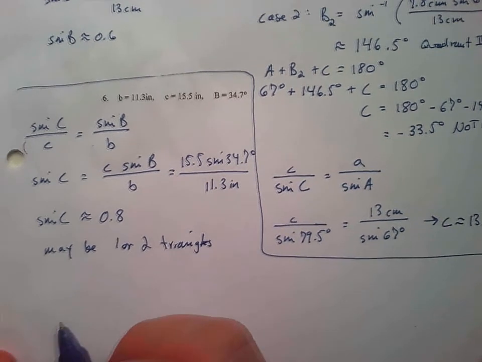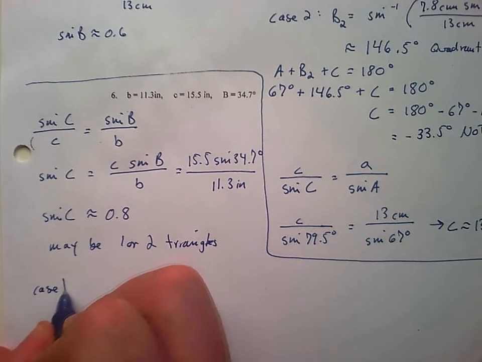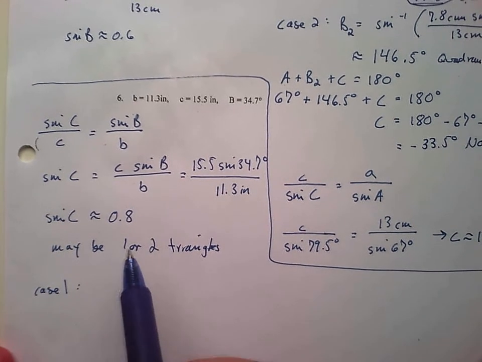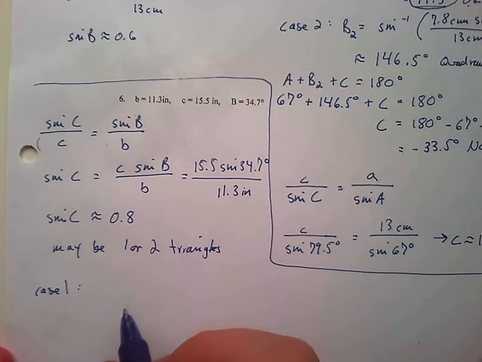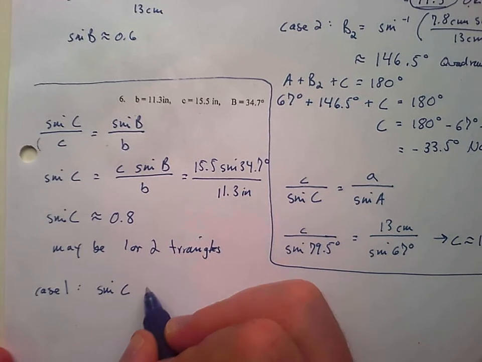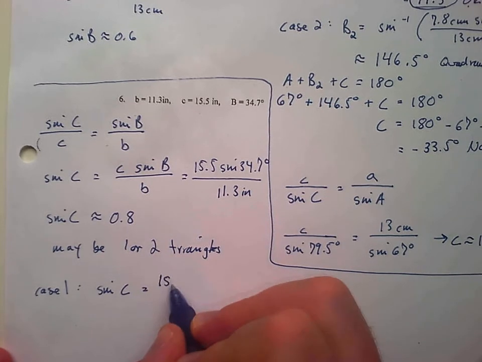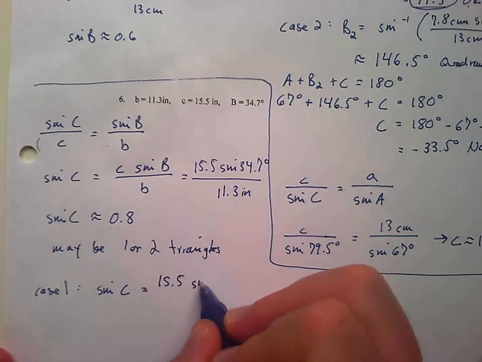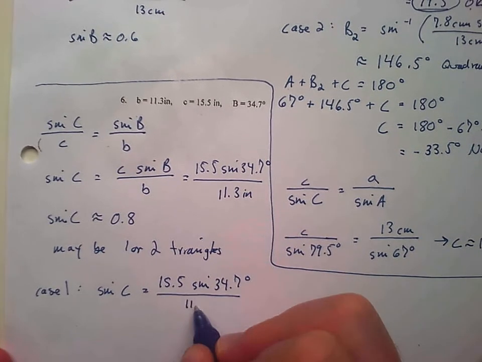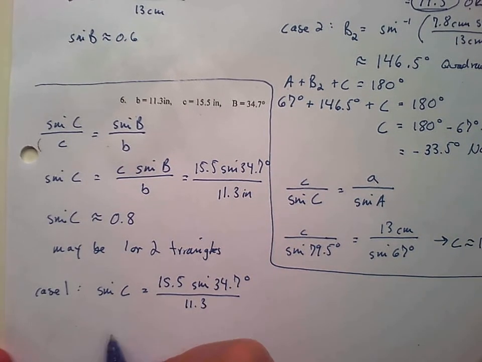How many do we have? We're going to call this case number 1 again. If we're trying to solve for C, here I'll write it down again. We have sine of C is equal to 15.5 times the sine of 34.7 degrees divided by 11.3.